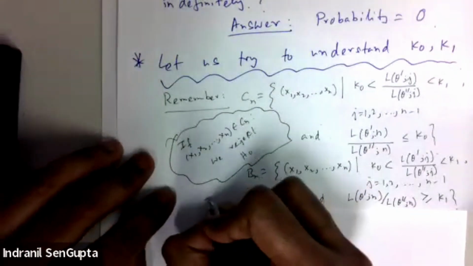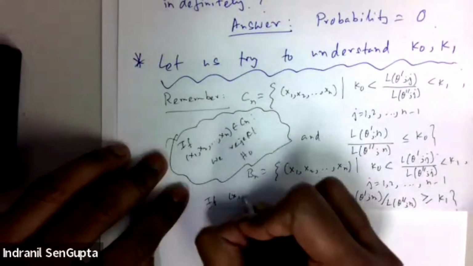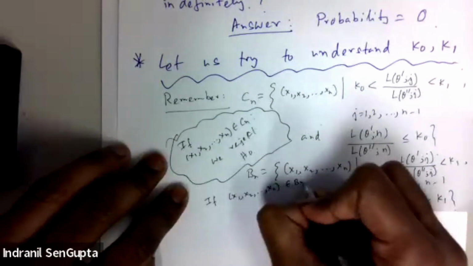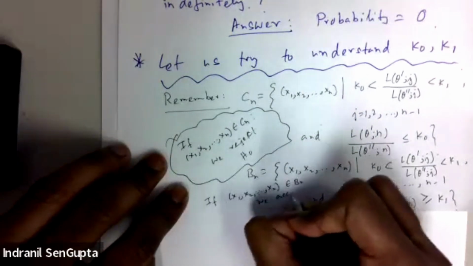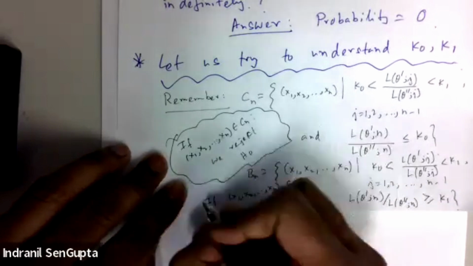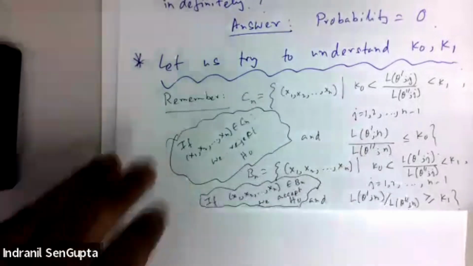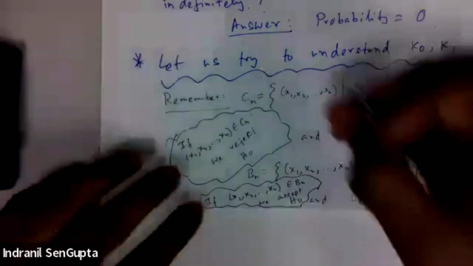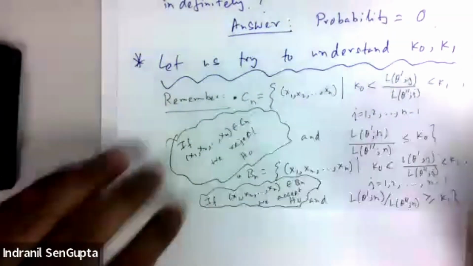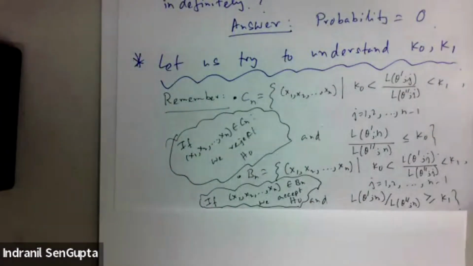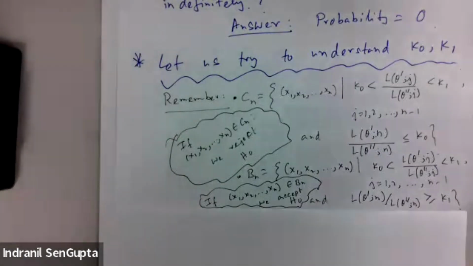And if x1, x2, xn is in Bn, we accept H0. Yep. Again, there's nothing new. We already know this. We'll be using this for understanding the K0 and K1. So let's see how.